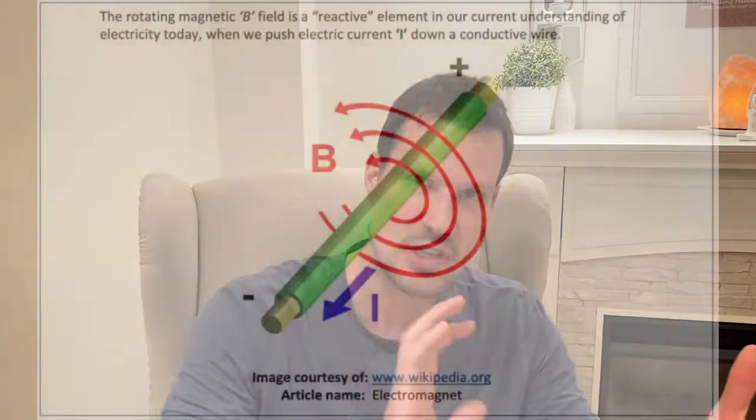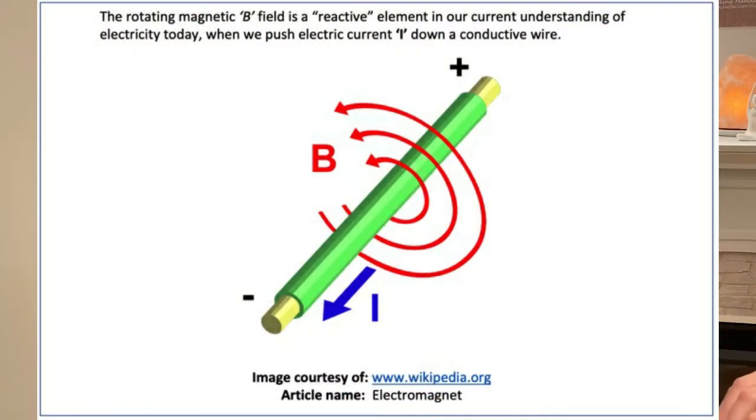When we push electric charge through a wire, for example an alternating current, this produces the rotating magnetic field. So it's always been a secondary effect, but in my model I have a completely inverted view, where the magnetic field truly has center stage.